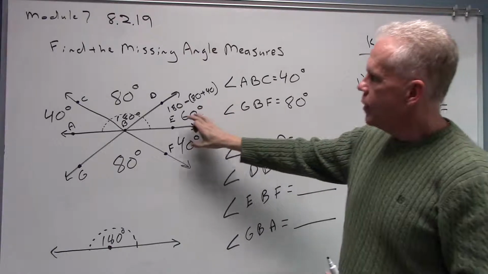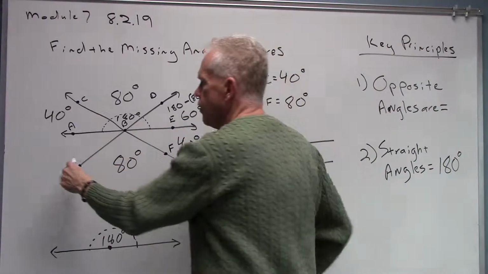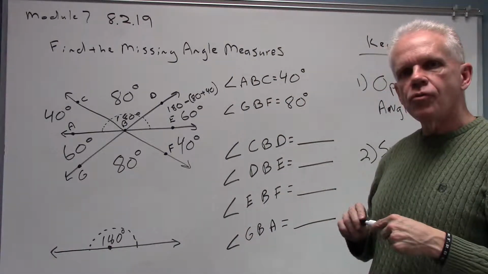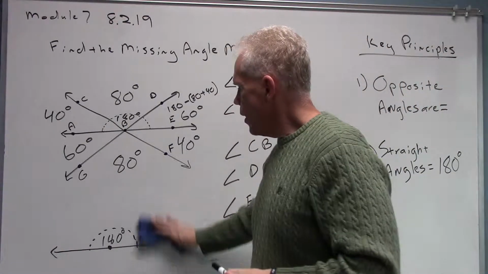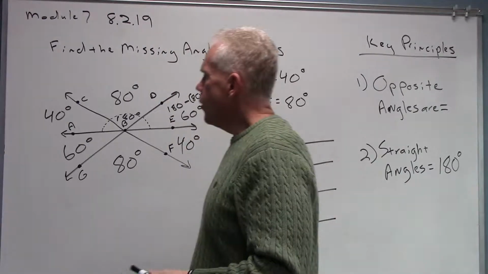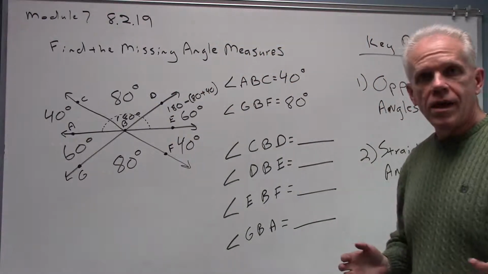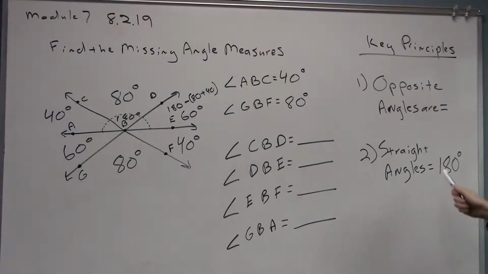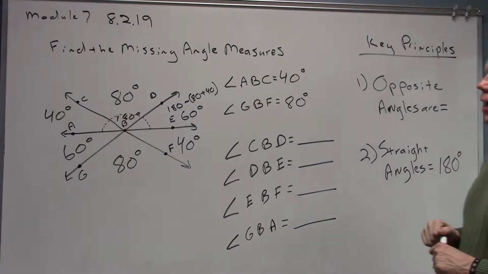Now that I have this one, I can go to its opposite right here and say that this one is also 60. So we've got a couple of major principles that we use to work our way through this puzzle to find the measures of the angles. First, opposite angles are equal to each other. Second, straight angles altogether equal 180.